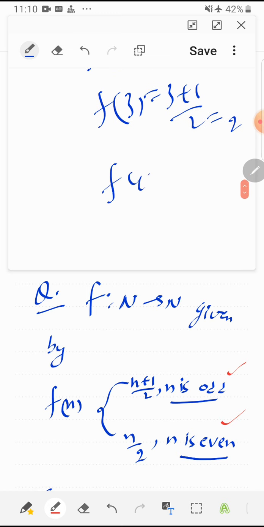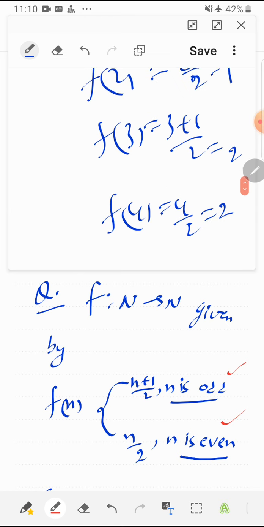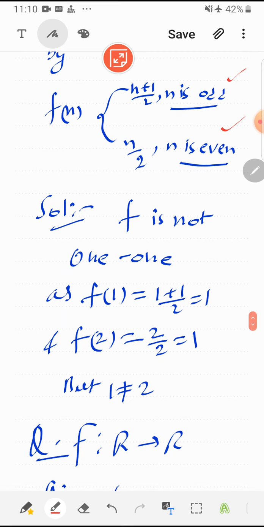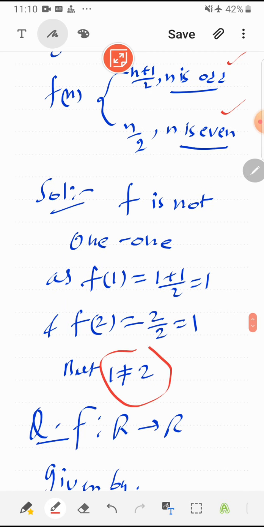What is f of 4? 4 by 2, which is 2. So it means when we put n is equal to 1, the result is 1, and n is equal to 2, the result is 1. So different values are giving the same result, but 1 is not equal to 2, that means it is not 1-1.